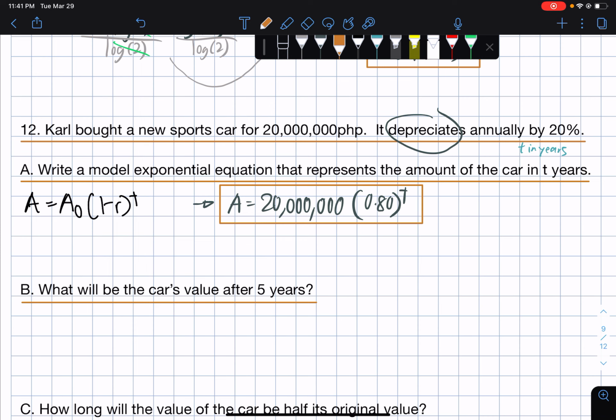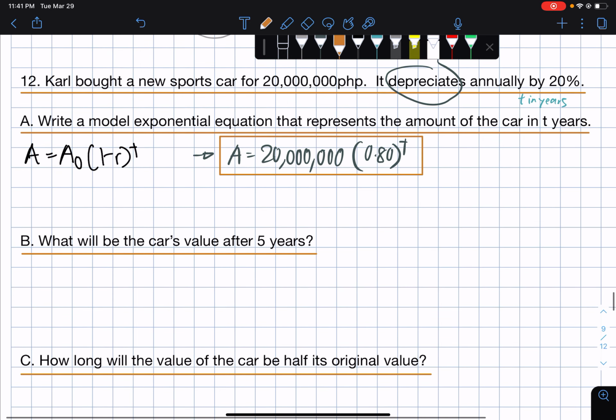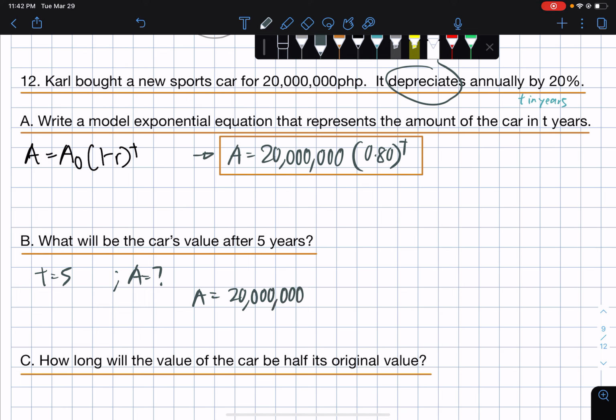So yeah, let's move on to letter B. What will be the car's value after 5 years? So given t is equal to 5, A is equal to how much? A is equal to 20 million times 0.80 raised to 5.